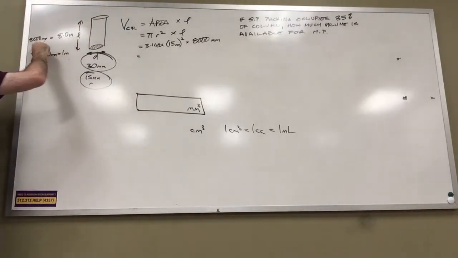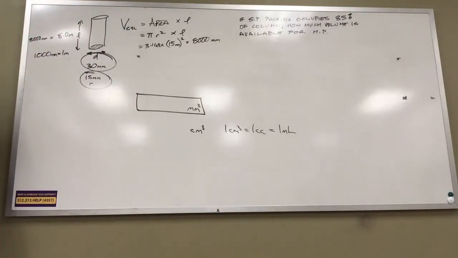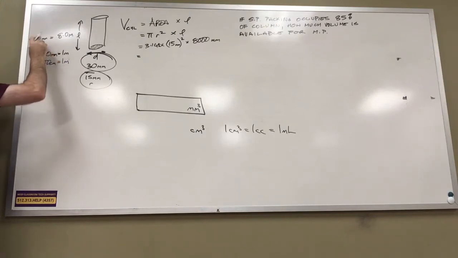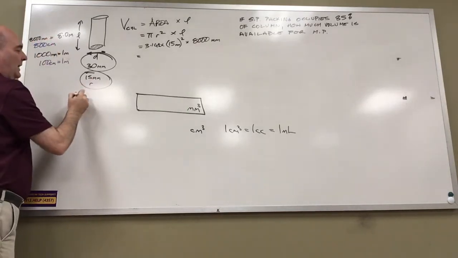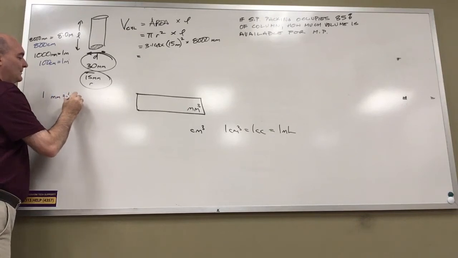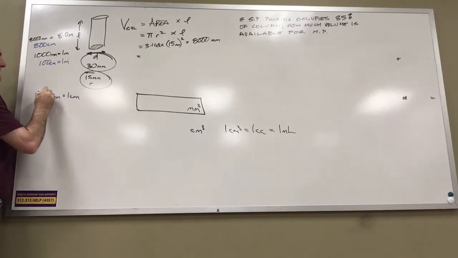8 meters really is 8,000 millimeters. How many centimeters are in a meter? So instead of using 8,000 millimeters, I can use 800 centimeters. And how many millimeters are in a centimeter? 10.